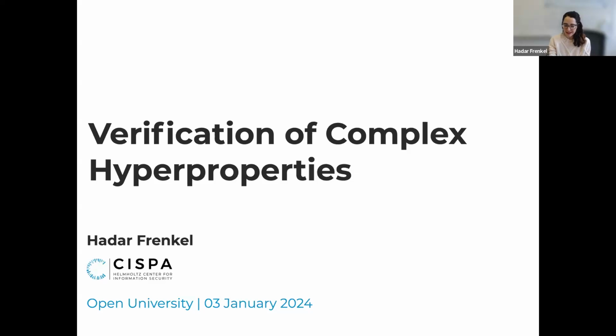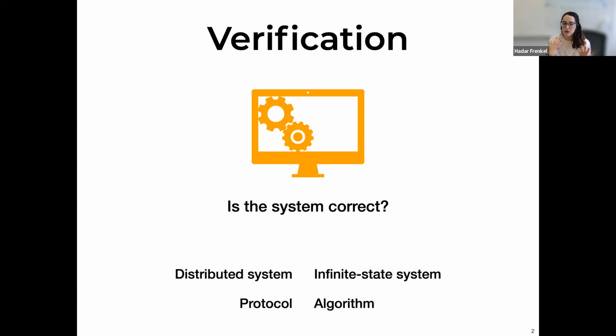So today I'm going to talk about verification of complex hyperproperties. In verification, we are given some system and we want to make sure that the system is correct. For the purposes for now, it could be any system that you think of: a distributed system, an infinite state system, some protocol, some algorithm, no matter what the system that you have in mind.